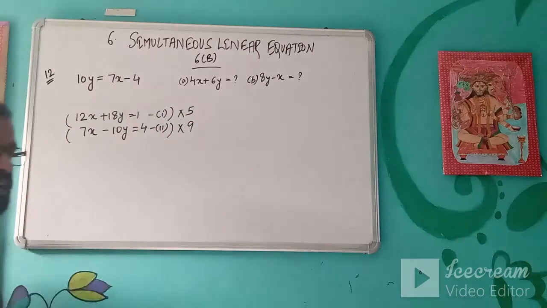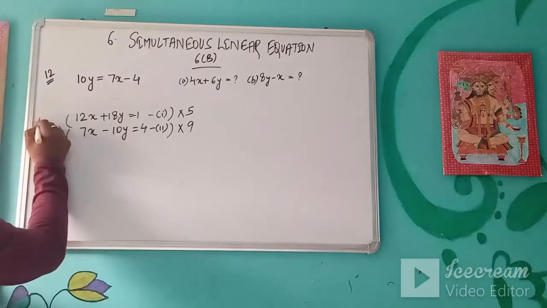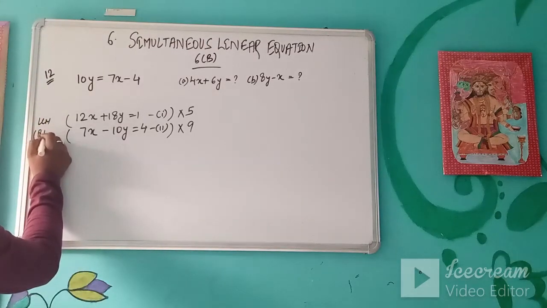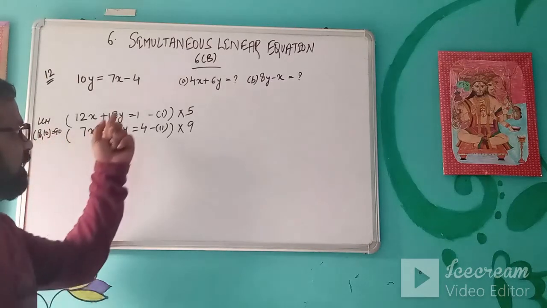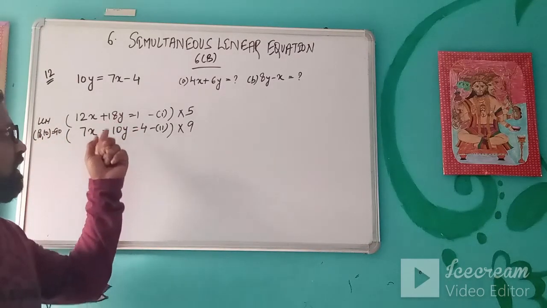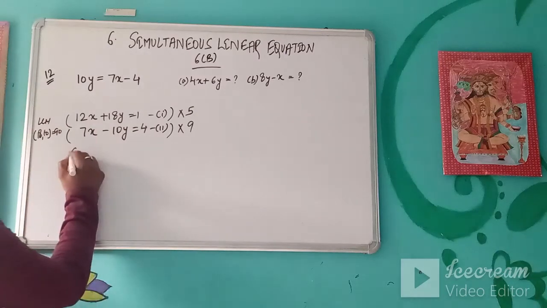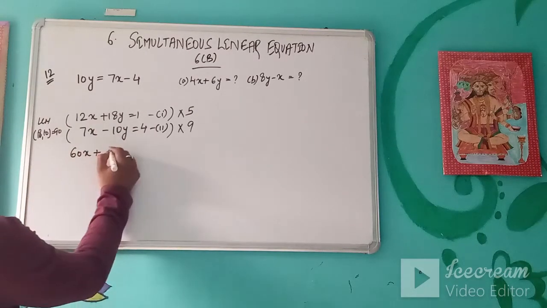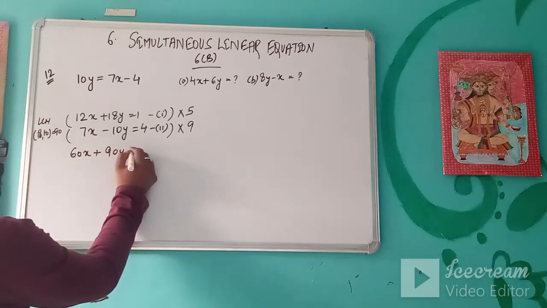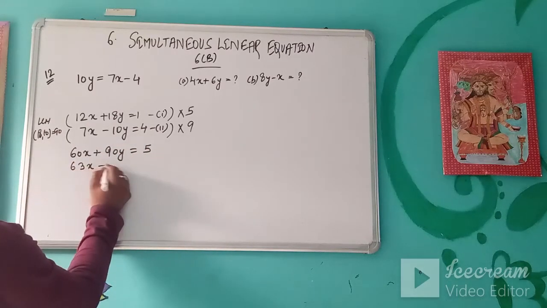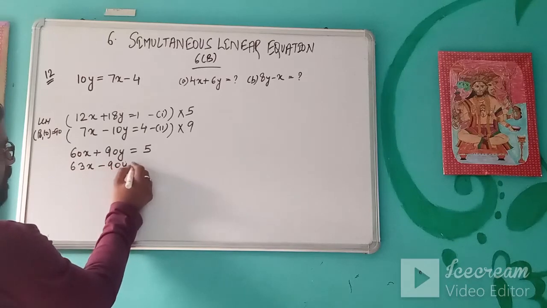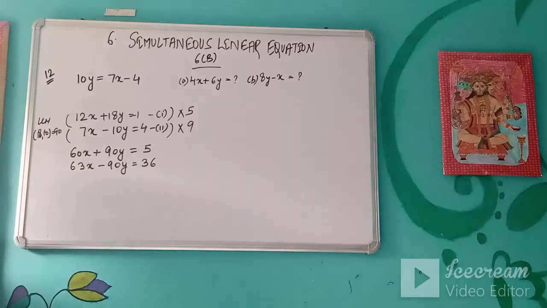Because the LCM of 18 and 10 is 90, so I want to make 18 and 10 into 90. So it will be 60x plus 90y equals 5, and 63x minus 90y equals 36.